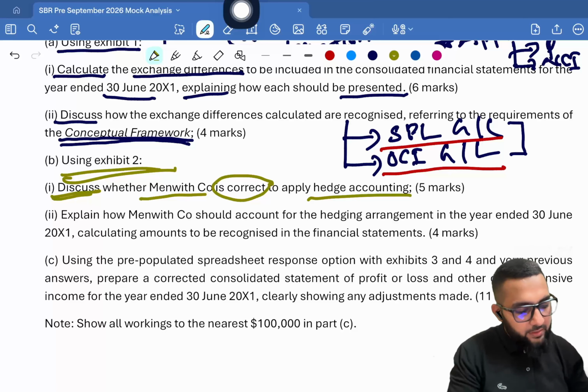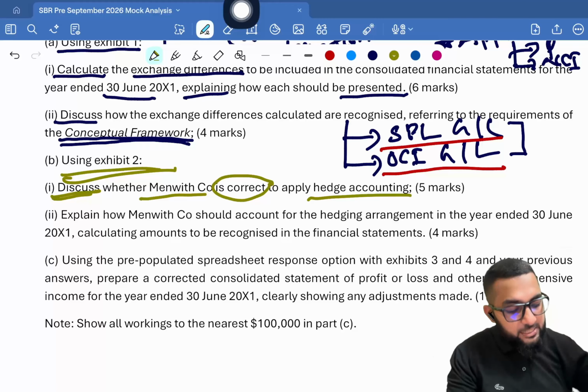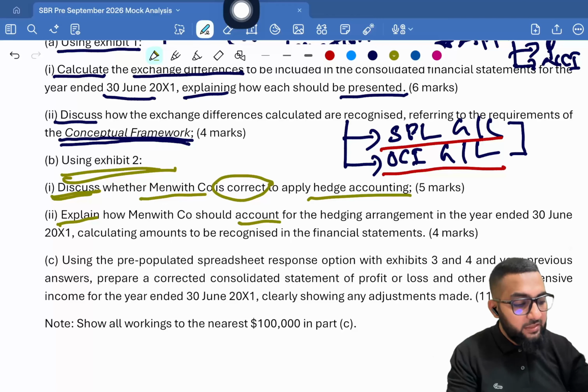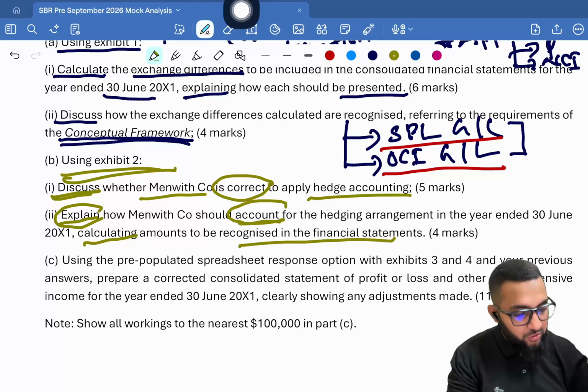Okay, right. Then sub requirement 2 of requirement B is: explain how Menwith Co. should account for the hedging arrangement in the year ended 30th June 2021. So to explain how the accounting is done, calculating amounts to be recognized in financial statements.